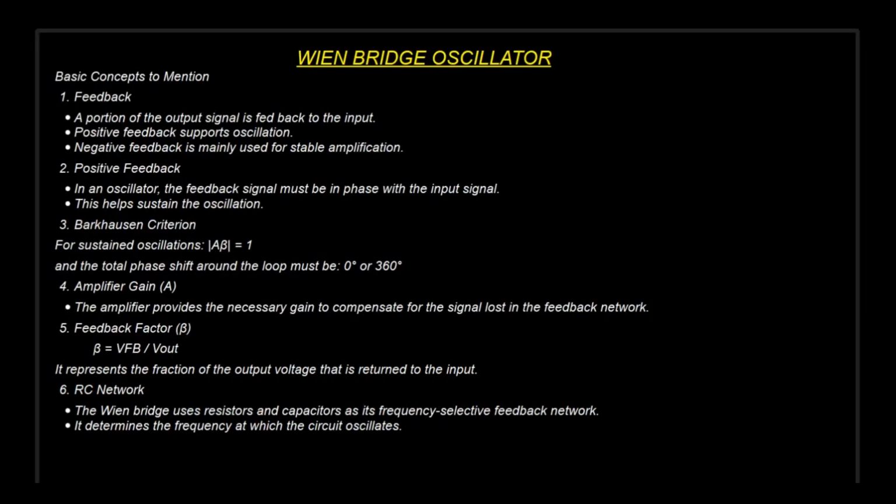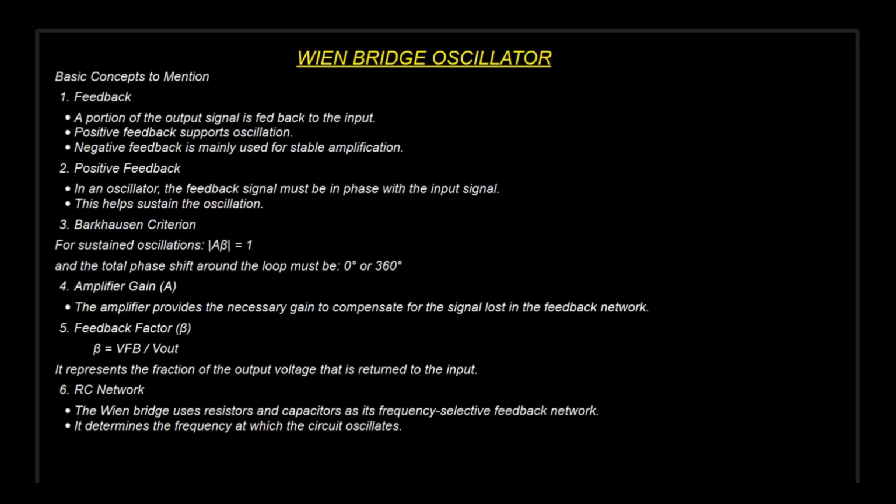Before going into the Wien Bridge oscillator, we should know a few basic concepts. The first is feedback, where a portion of output is returned into the input. For oscillation, we use positive feedback. The second important concept is Barkhausen Criterion, which states that for sustained oscillation, the loop gain A beta should be equal to 1 and the total phase shift should be 0 or 360 degrees.